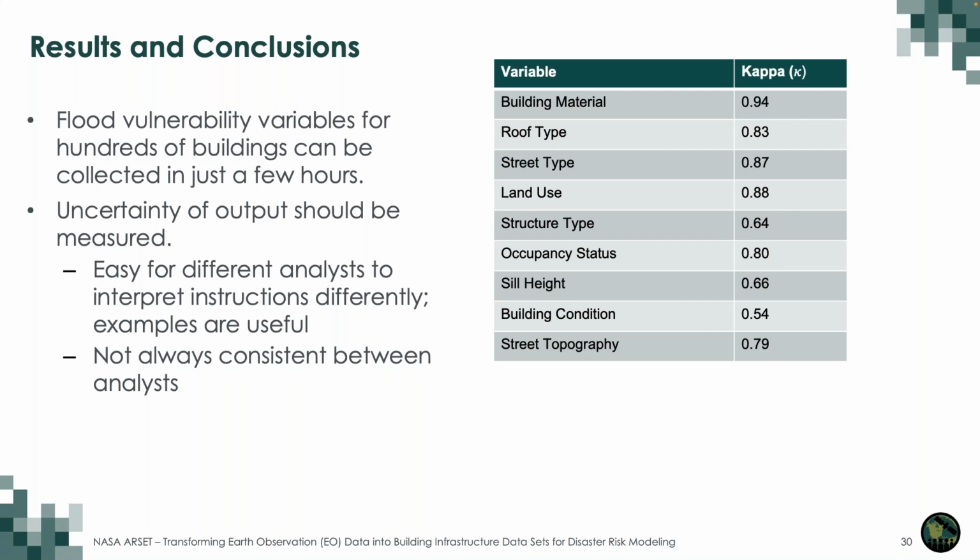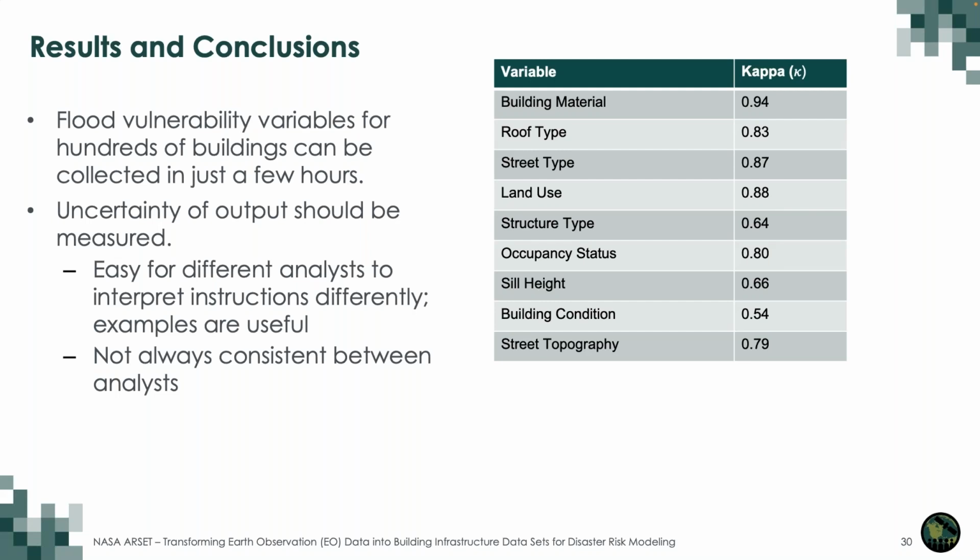That was a much simpler use case than the vulnerability assessment here, just a 2-question survey, but we found that could be completed again in a day or so by multiple analysts. So it's a really productive way to review a lot of data. But you do need to look at the uncertainty of your output because analysts don't always apply consistent heuristics or rules for deciding which category something falls into.